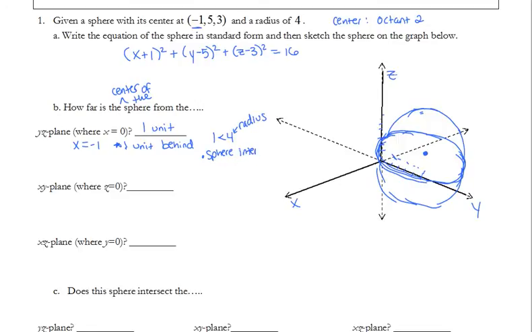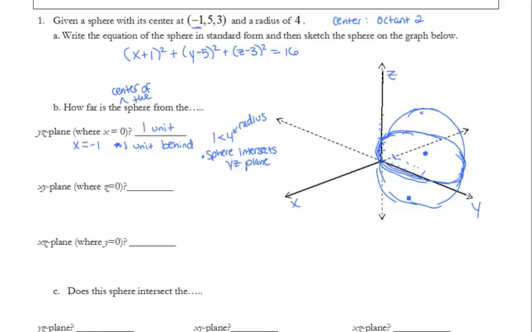So the sphere intersects the YZ plane. Okay, and it's going to intersect it at several points. In fact, it's going to intersect it at a whole circle, and we'll talk about that.